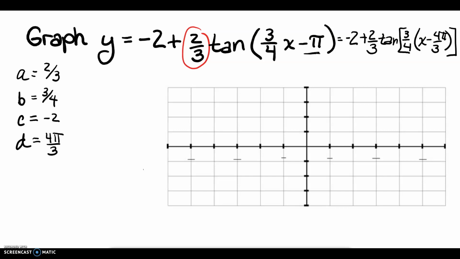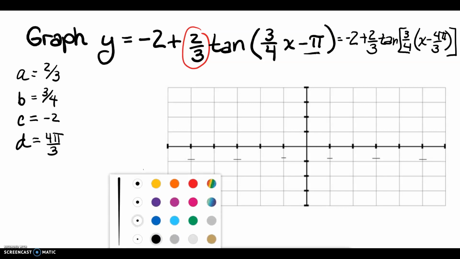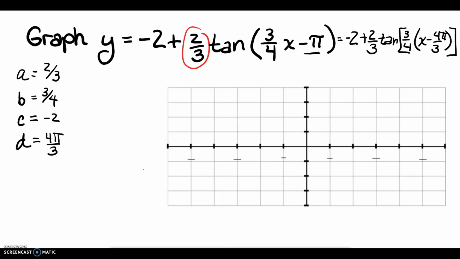So I have a period. Let's calculate our period. Tau is going to be pi over B, which is 3/4, so it's 4 pi over 3. So that's my period. My phase shift, I'm moving my graph to the right by 4 pi over 3.